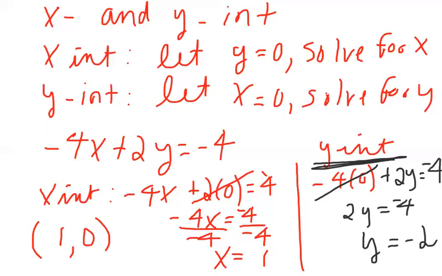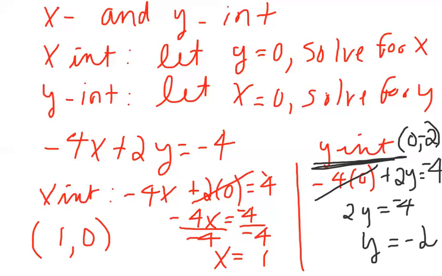So your y-intercept point would be 0, negative 2. And just like with the X-intercept, guys, the Y-intercept is a point on the Y-axis. So the x component is 0, and there's a y component, okay? So now that you have these 2 points, you are ready to graph this equation because 2 points determine a line.